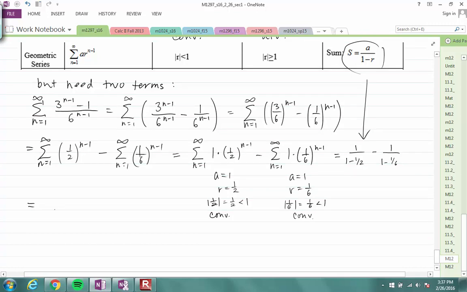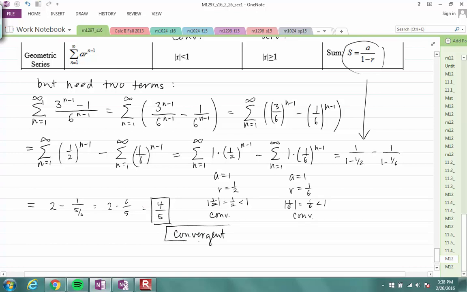Start writing over here: 2 minus 1 over 5/6, which is 2 minus 6/5, and you do the work there and you get 4/5. So in hindsight we can say each of these series was a convergent geometric series, and we were totally fine in the step where we did the subtraction of the two terms, and its value is 4/5. So it's convergent.